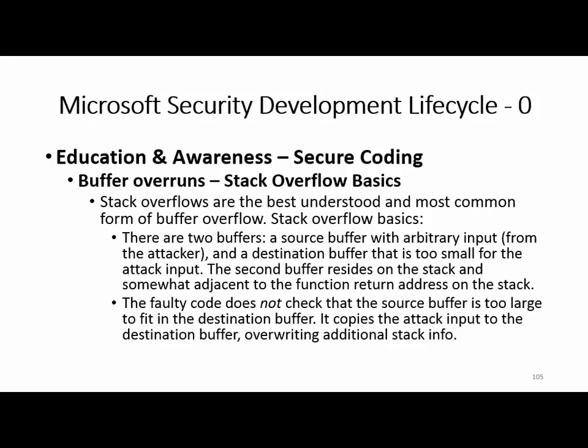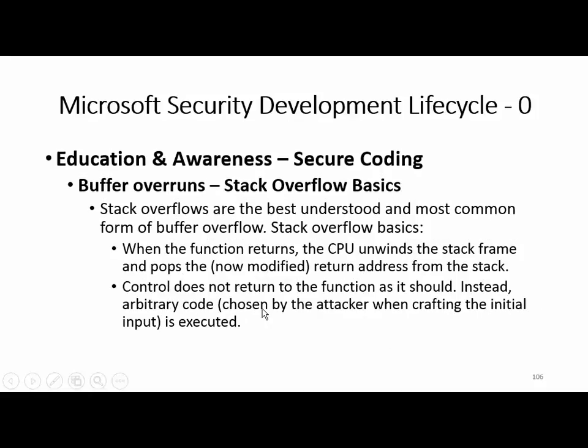The second buffer resides on the stack, and it's pretty close to, if not directly connected to, the function return address on the stack. The faulty code does not check that the source buffer is too large, and it copies the information into it, which is fine until it gets to the end and it still has stuff to copy, so it overwrites whatever's next to it. Again, those could be operating system instructions, those could be anything.